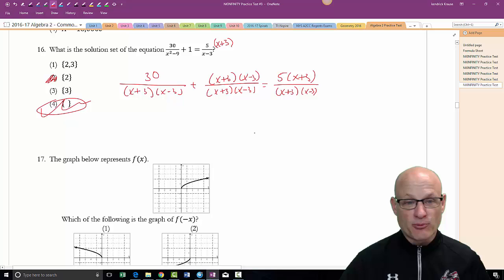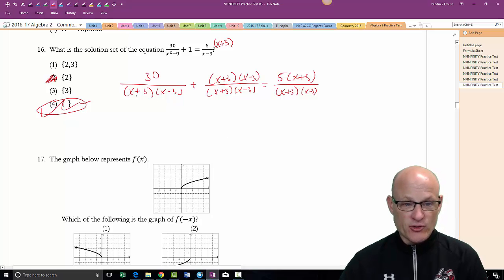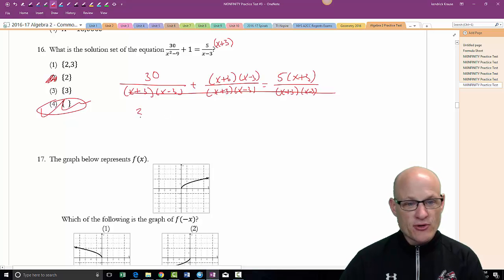This is the mathematical approach. Once I have that, all I have to do is set the numerators equal to each other because it becomes a nice new equation. So I get 30 plus x squared minus 9 equals 5x plus 15.